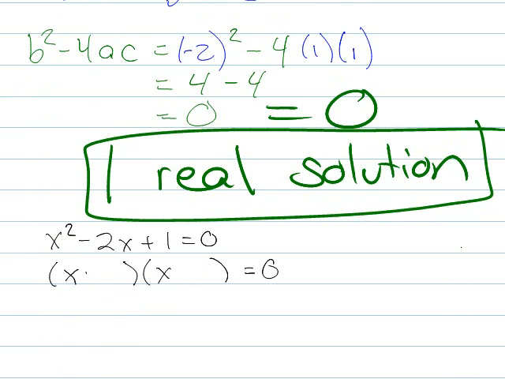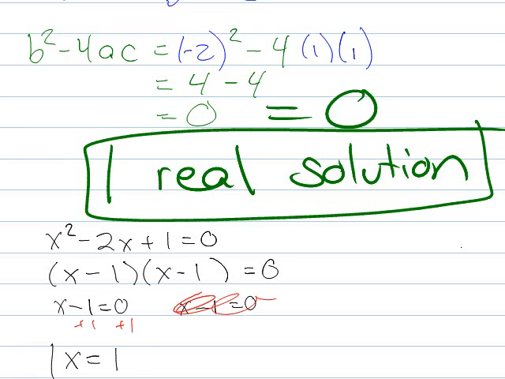Since that's negative, they're both negative. So it factors to x minus 1 is 0, or x minus 1 is 0, but that's the same thing, so we only need to solve it once. Add 1 to both sides, and we get x equals 1, and that's the only solution. It's one real solution. Everything checks out.